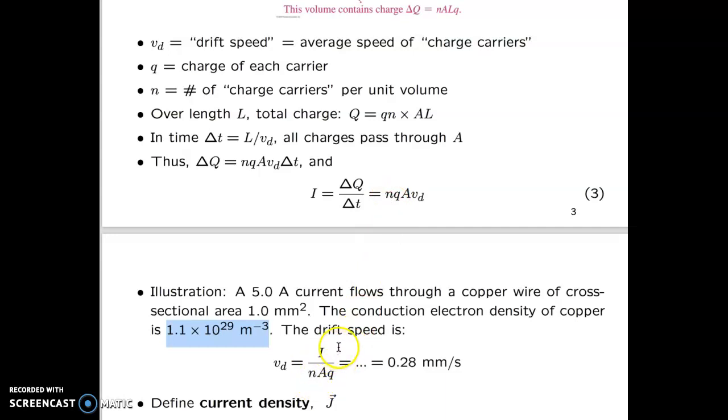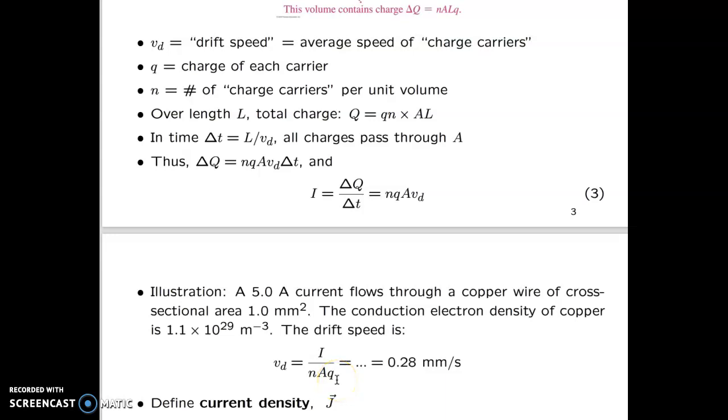So if you want to know what we can do with this information, we could calculate the drift speed. If I take equation 3 and I rearrange it so that I have the drift speed on the left, everything else on the right, then I know the current, I know little n, that's this number here. I know the cross-sectional area, 1 square millimeter, and q is the charge of an electron.